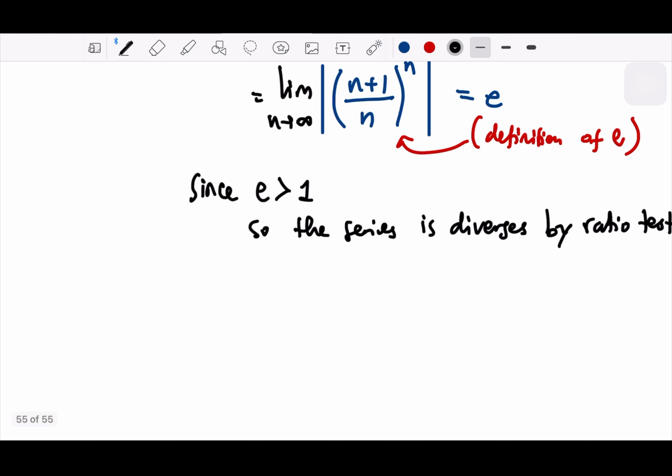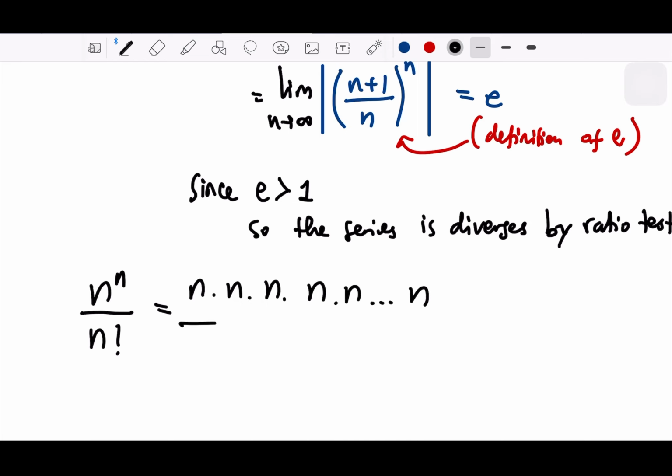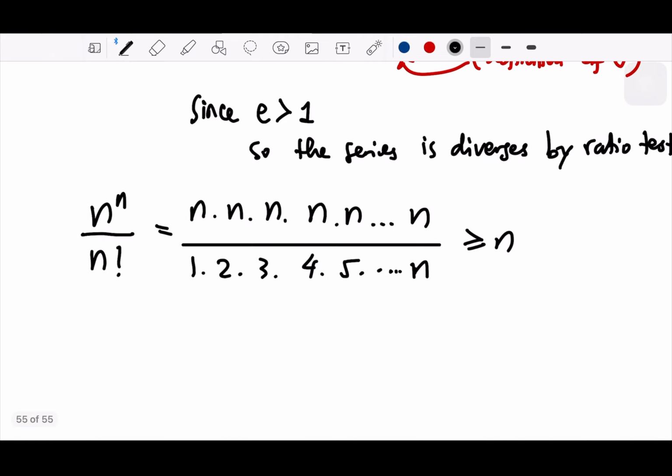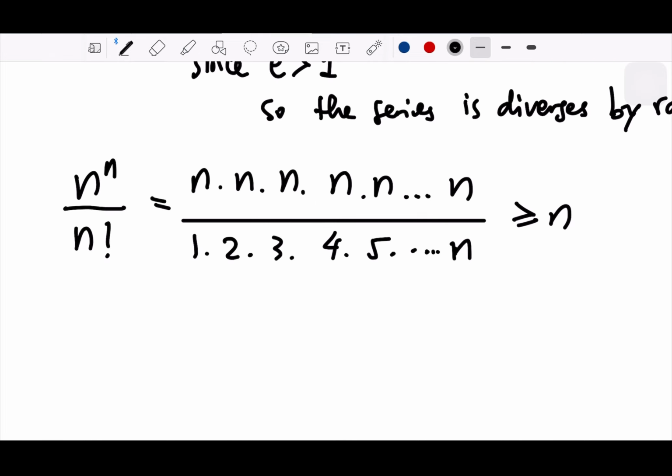I think aside from the ratio test, we can also look at this, because with n with power of n and n factorial, we can see that n to the n is n multiplied by n multiplied by n, n times. And the factorial goes 2, 3, 4, 5 until n. You can imagine that it's always greater than n.